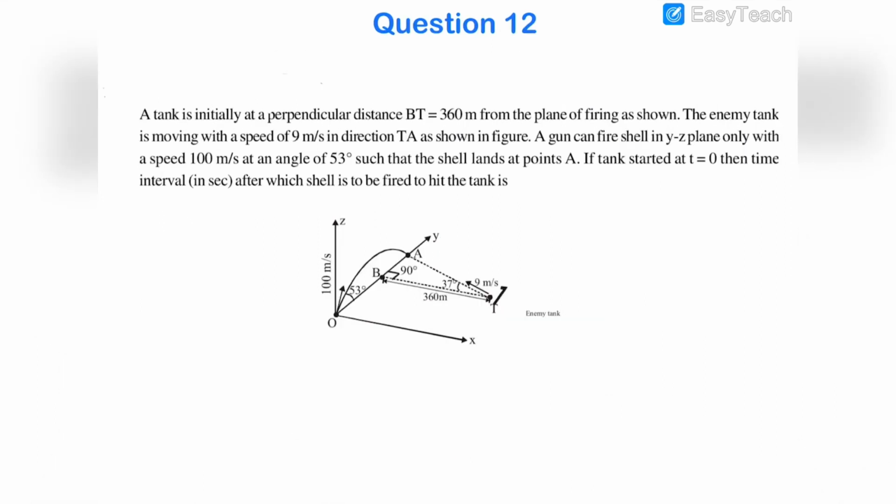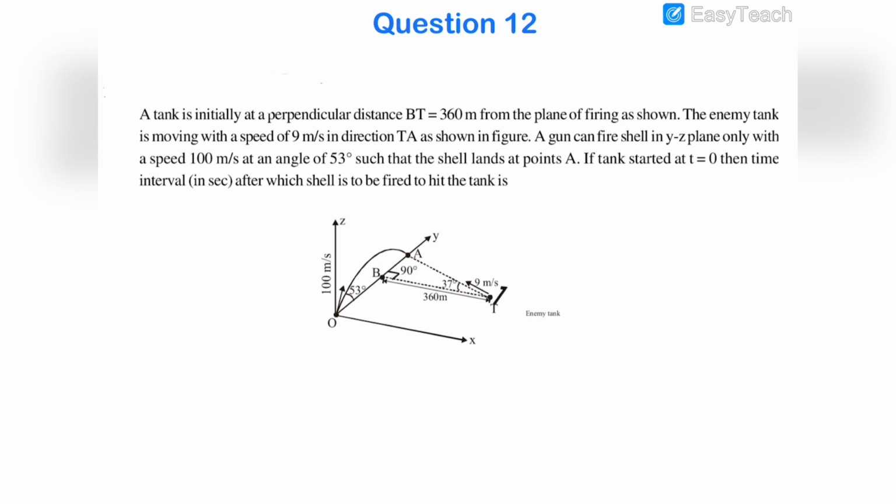In this question you can see that there is a tank which is at a perpendicular distance of 360 meters from this line, and this is the enemy tank, and this is the artillery gun which is installed, and it can only fire in the ZY plane like that.